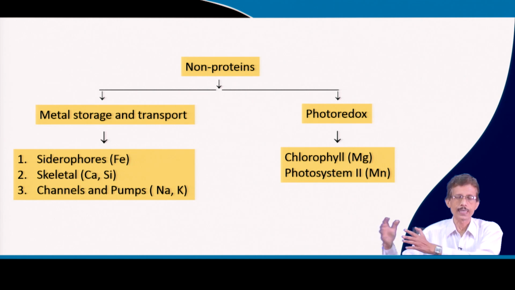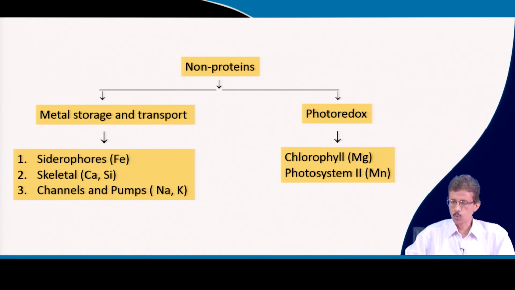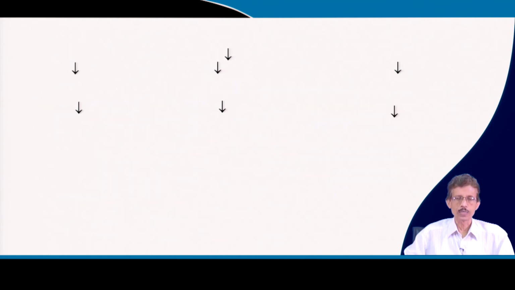The chlorophyll, we all know, the green color of the leaves, and photosystem 2, which has manganese. So, 2M you should be able to remember: one is manganese and another is magnesium for this particular part.